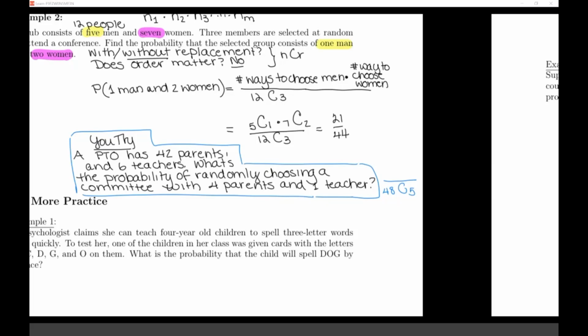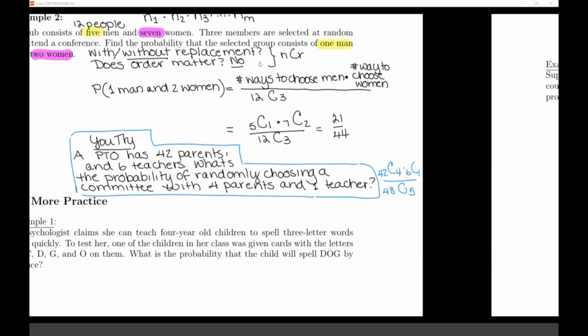I thought everybody would be able to see the parallel to the club example. So there's a total of 48 people, and I need to choose 5 of them for the committee. They're broken into parents and teachers, so I want to choose 4 out of the 42 parents, and I want to choose 1 out of 6 teachers.